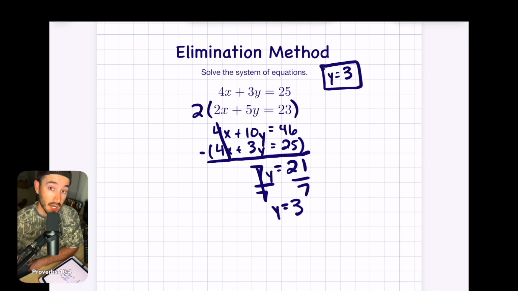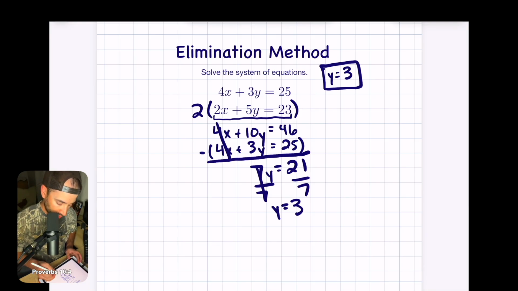So now that we know what y is, we need to solve for x, okay? And so to do that, all we have to do, just like the last problem, is take our 3 and plug it into either equation from the beginning, okay? So I'm going to take this original 2x plus 5y equals 23. You can do either one, but I'm just going to choose it because I think it might be a little bit simpler.